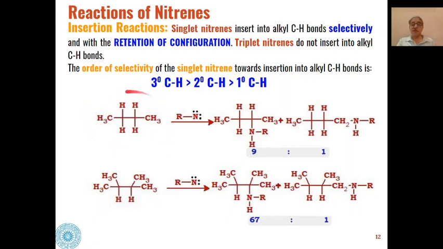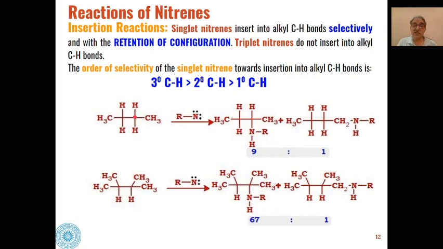If we have butane and we insert nitrene into it, of course singlet nitrene, because triplet nitrenes do not insert into alkyl carbon hydrogen bonds. There are two types of carbon hydrogen bond. One is this one, and the other is the carbon hydrogen at the terminal positions.